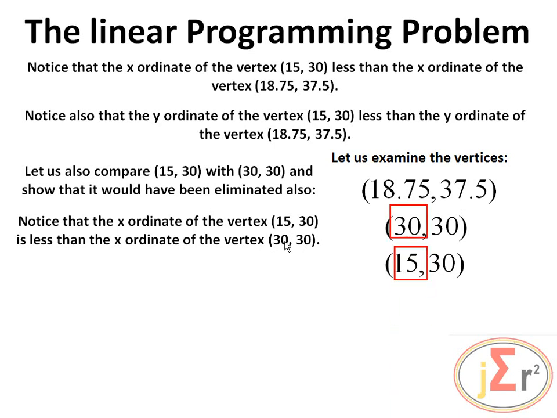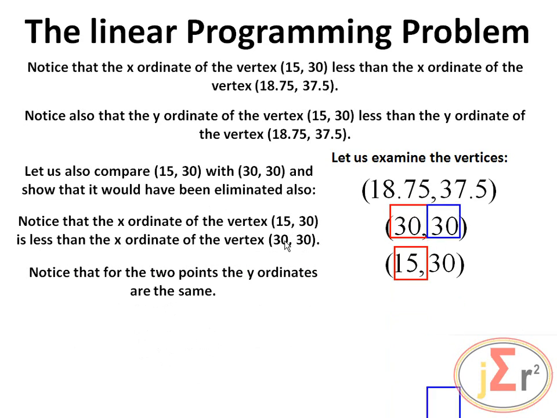However, notice that for the 2 points, the y-ordinates are the same. What does that mean? That means that in this point, the x-ordinate is going to contribute less than this to the objective function. These two will contribute the same. Therefore, overall, this one will contribute less than this one.